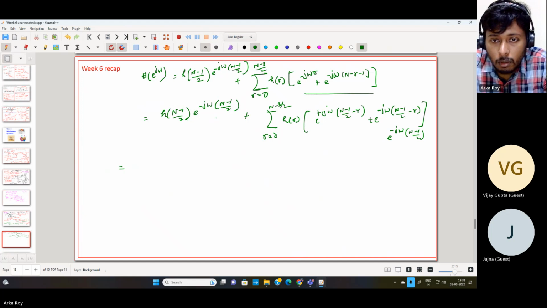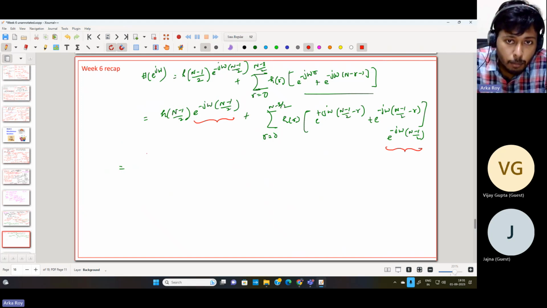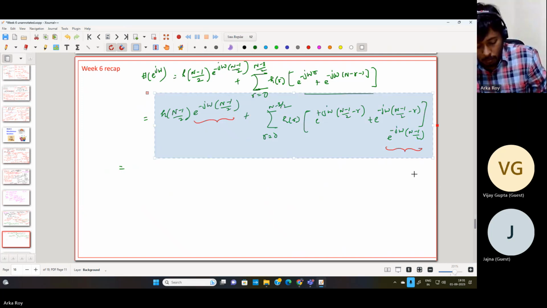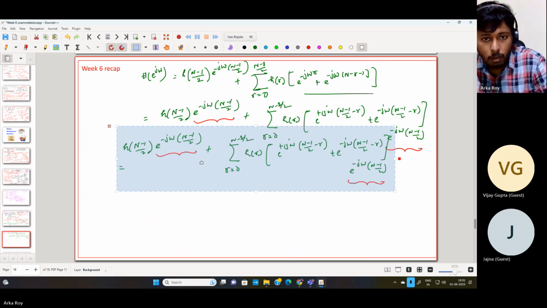We can see that these particular factors are just the same. So what I can do is take this one also as a group.